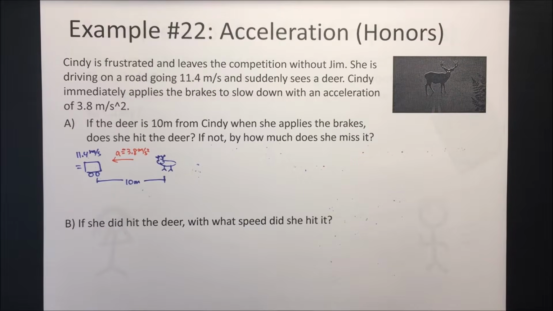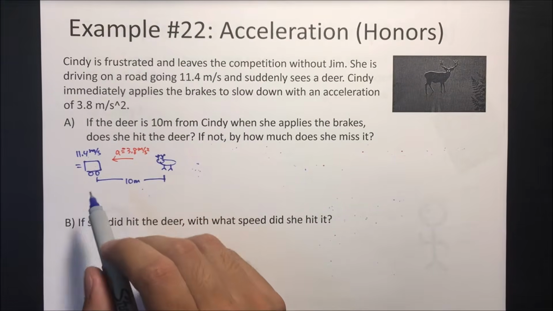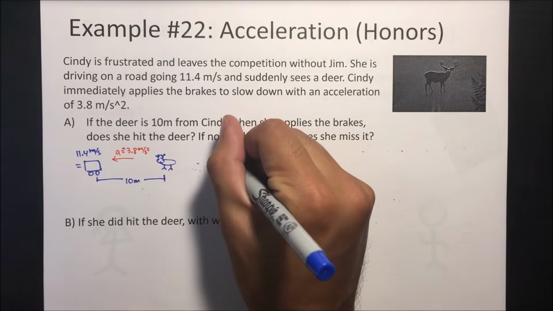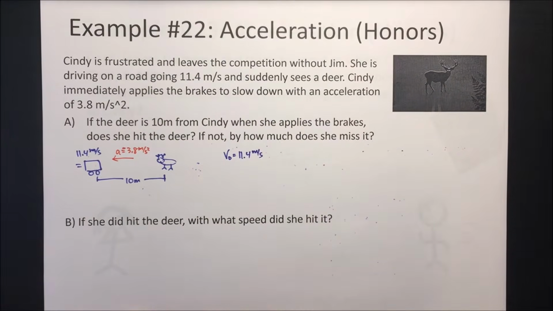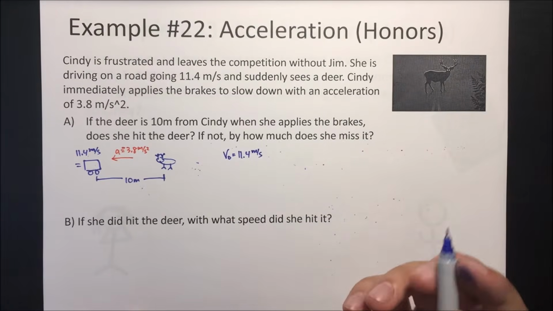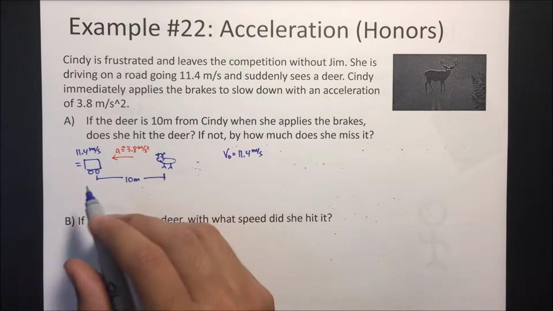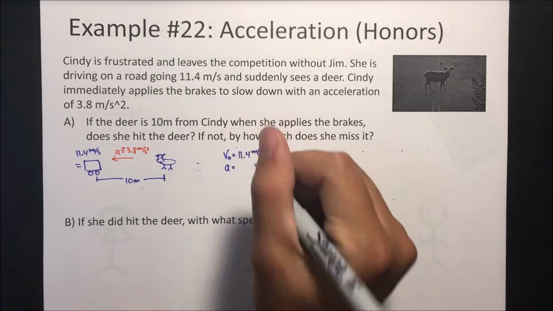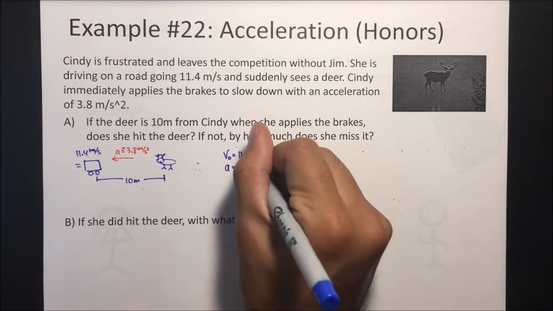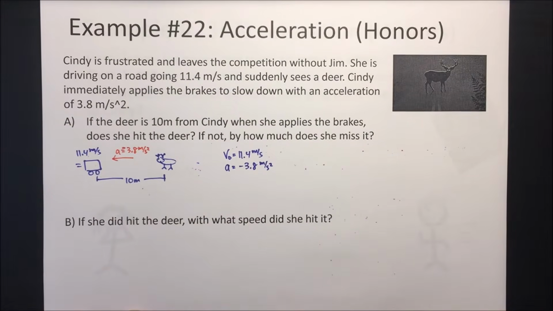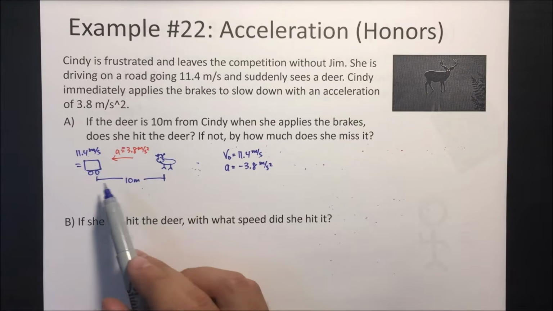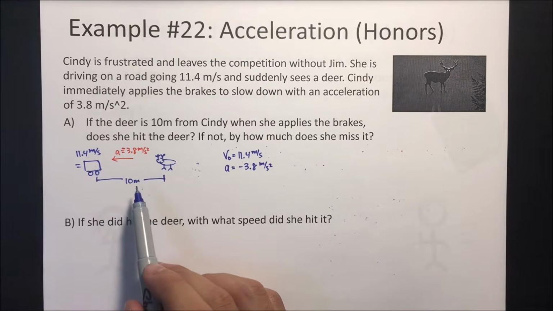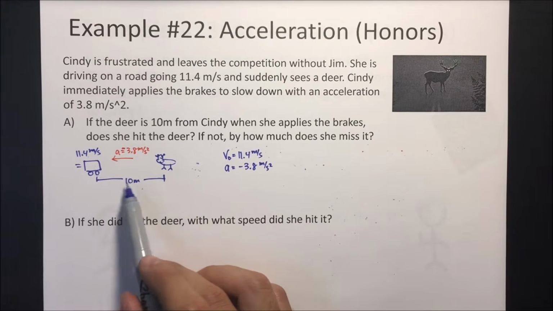And this is a little bit complicated how we're going to do this problem. Before she applies the brakes, she's starting out with a speed of 11.4 meters per second. There's a few ways to do this problem, but I'll show one way that I think is the simplest. When she applies the brakes, she's accelerating with an acceleration of negative 3.8 meters per second squared. We know that the deer is 10 meters away, but we don't exactly want to use that right now because we don't know anything about this 10 meters.